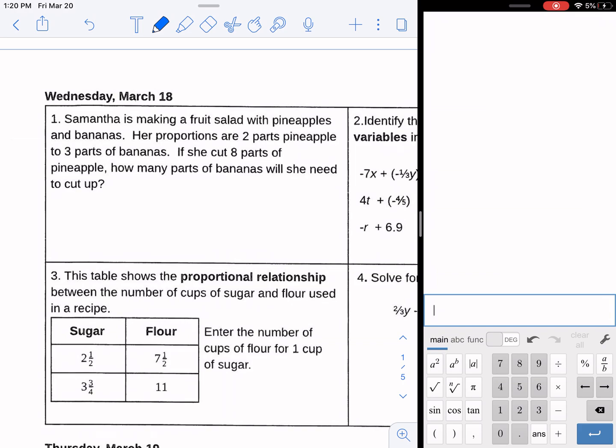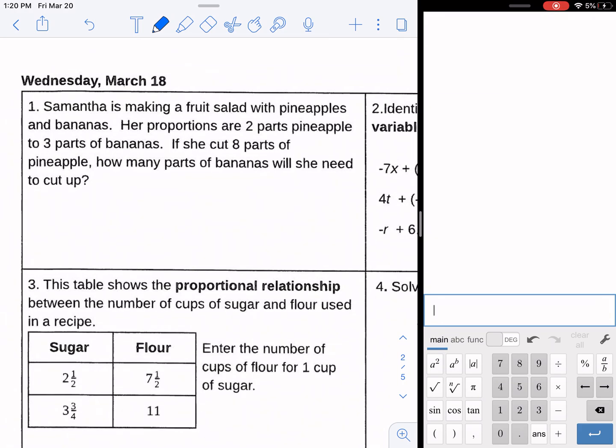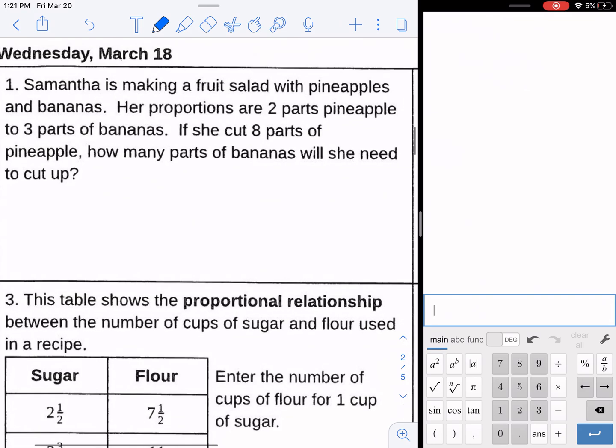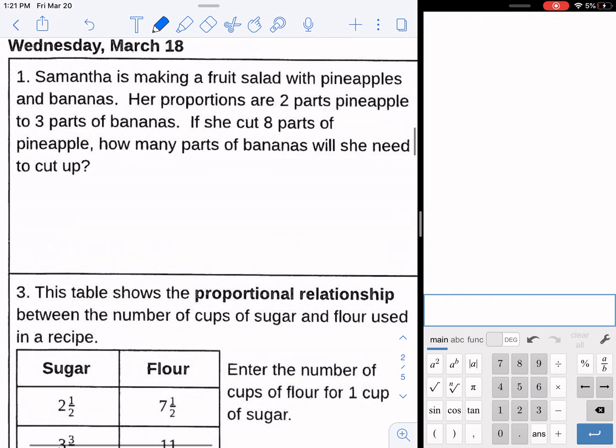So, looks like they want us to form some kind of proportion. So we have, zoom in, I'm going to put pineapple to bananas.